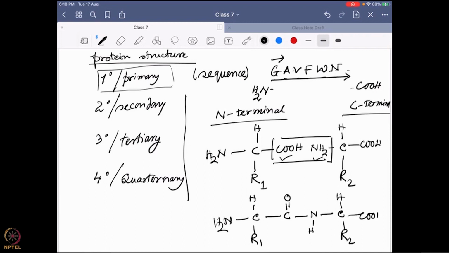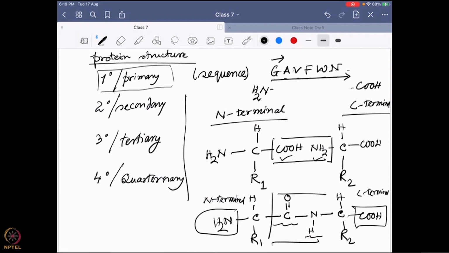Now over here you can see that one amino acid uses the carboxylic acid group, one amino acid uses the amine group. So that means you are going to have one free amine and one free carboxylic acid group. So this is going to be the N terminal, and this is going to be the C terminal. And this is known as the amide bond or the peptide bond.